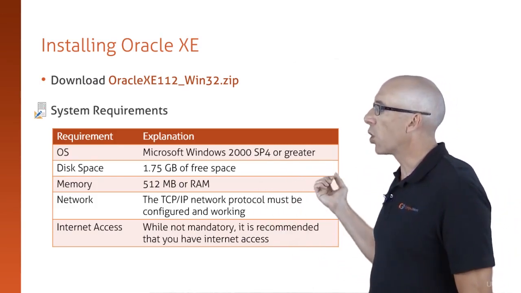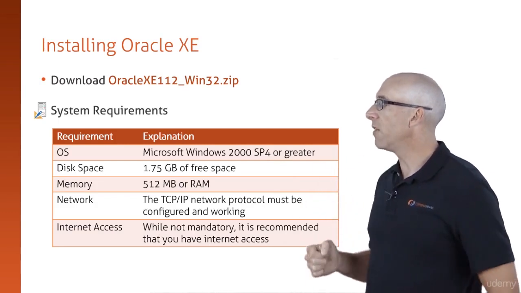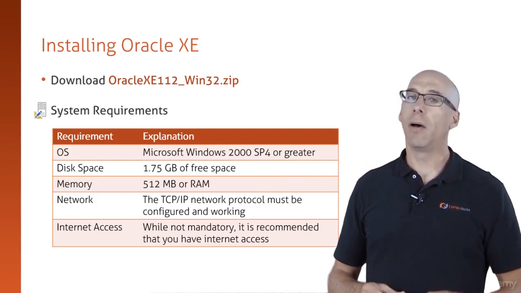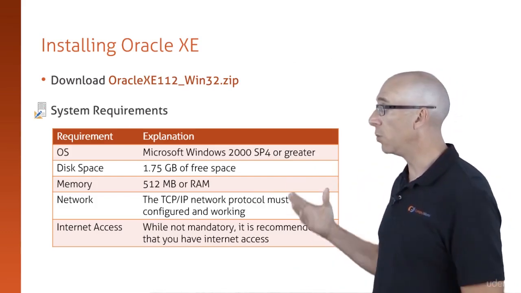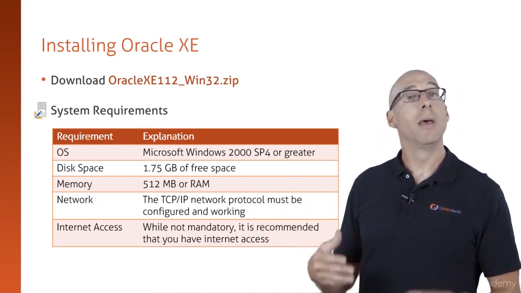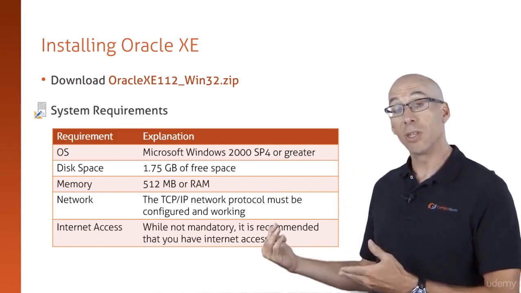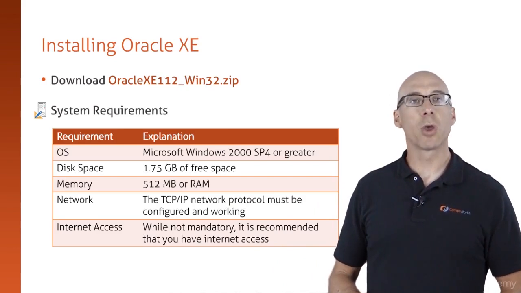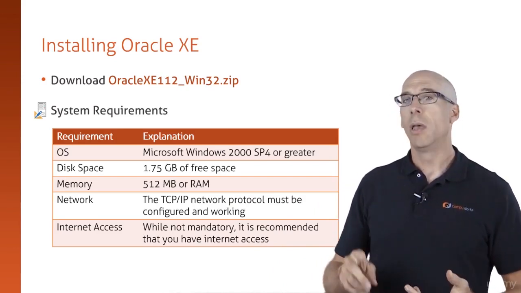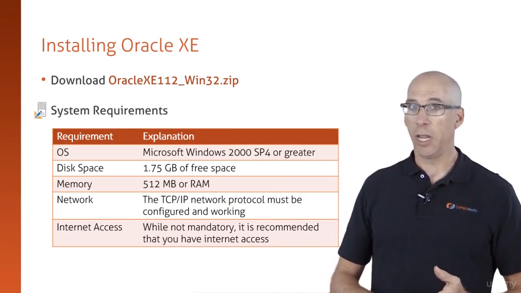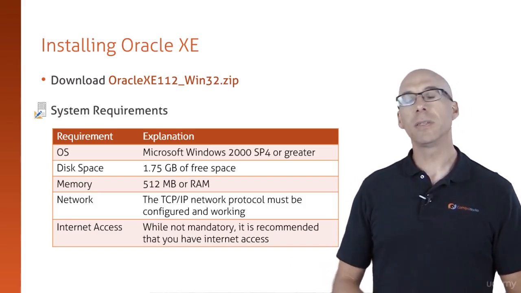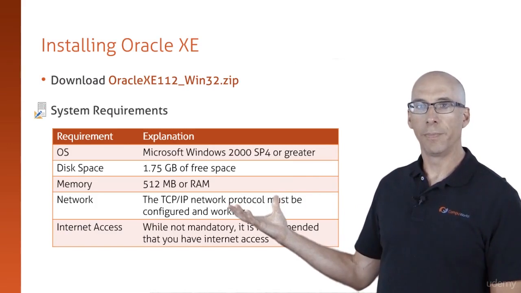The nice thing is that Oracle XE works with Microsoft Windows 2000, Service Pack 4, or later. Now, I don't know anybody who's still using Windows 2000, but if you are, as long as you have Service Pack 4 installed, you're good to go. Most of you are going to be running Windows XP, maybe Windows Vista, doubt it, Windows 7 or Windows 8. If you have any of those operating systems, it's going to work.